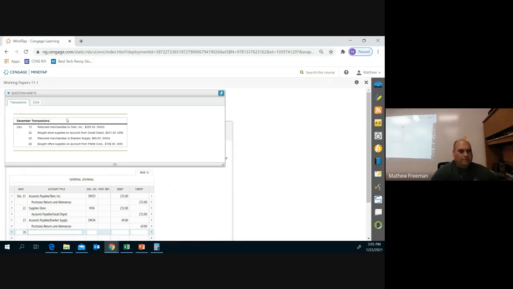28. We bought supplies on account, so we got office supplies. We know that's office supplies on memo 59 for 198. We're debiting that because we purchased supplies. That's going to be an asset purchase. And then it's on accounts payable.